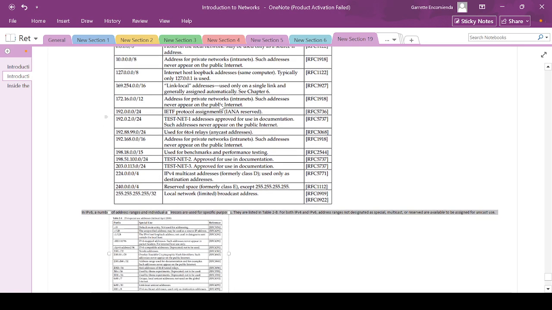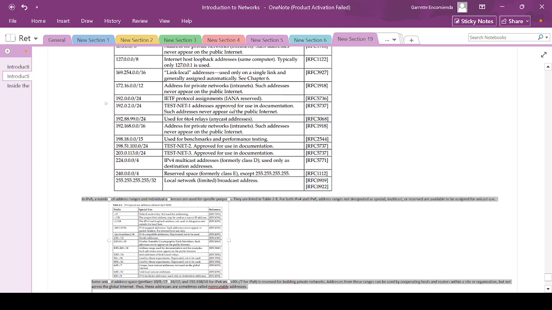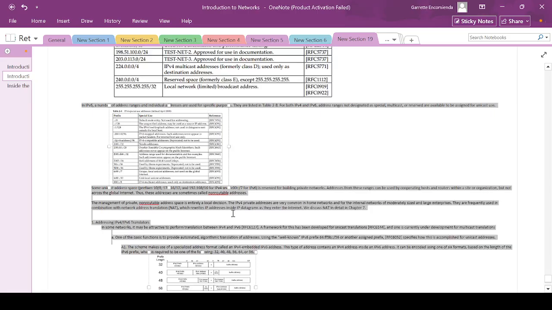Addresses for private networks, intranets, such addresses never appear on the public internet. IETF protocol assignments or IANA reserved. Test-Net-1 addresses approved for use in documentation. These addresses are used for 6to4 relays. Anycast addresses, and addresses for private networks, intranets. Such addresses never appear on the public networks, etc.